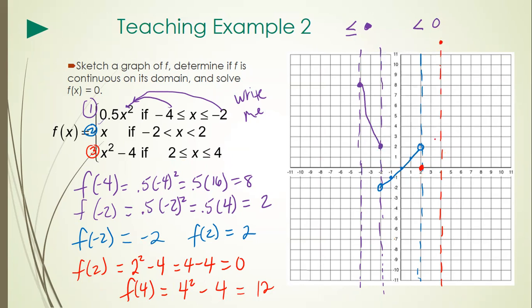Okay. And now I'm going to draw a curved line to the best of my ability. And why is it a curvish line? Because it's square, because it's a quadratic.